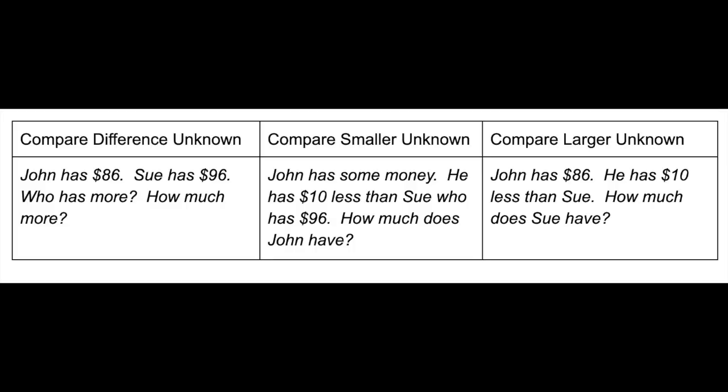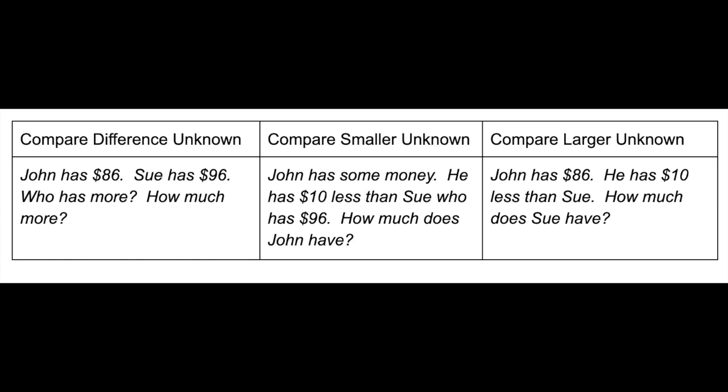teacher. There are actually 3 types of comparison problem types, and typically this first one is the one that most textbooks use. It's called a compare difference unknown. So it sounds something like this. John has $86. Sue has $96. Who has more? How much more?